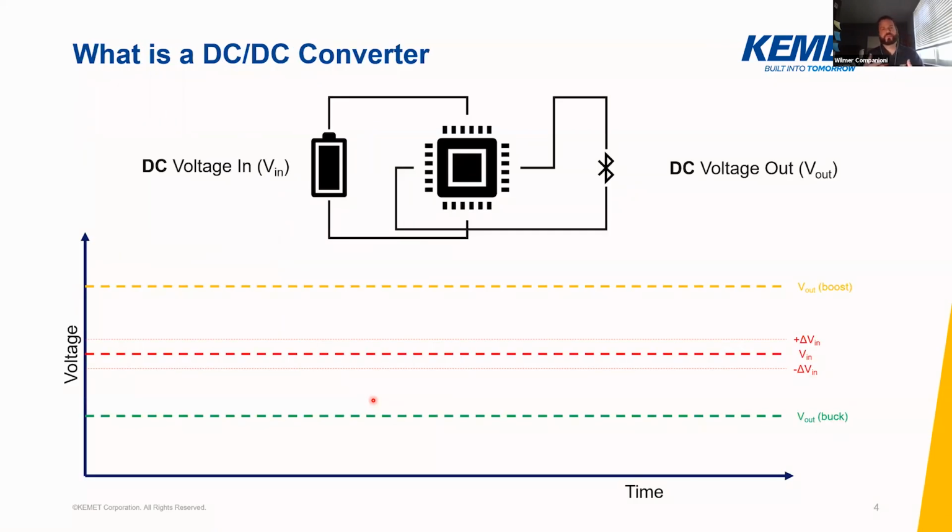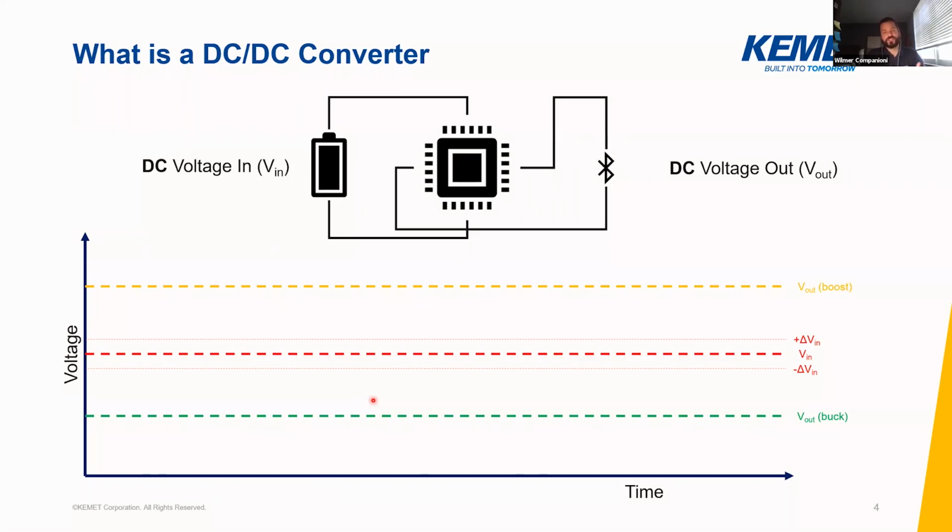So what is a DC to DC converter? It's a type of switching regulator that takes in one type of DC voltage and converts it to another type of DC voltage. Now, the purpose of a regulator is to take in that input voltage that may have some variation to it and maintain a stable output voltage.